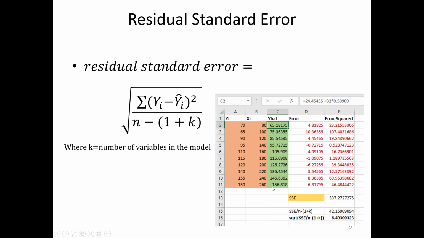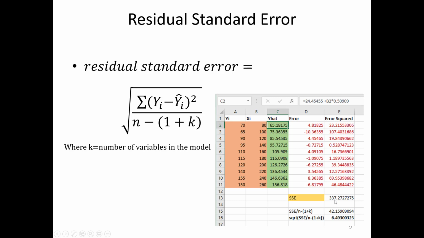So I calculated out y hat. I then calculated out the error, and again the error is yi, 70, minus y hat, 65.2, which gives us about 4.8. Filled that down, that's our error. Took the square of the errors, and again I'm just following this equation here.